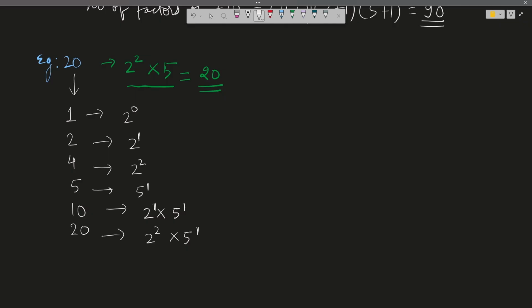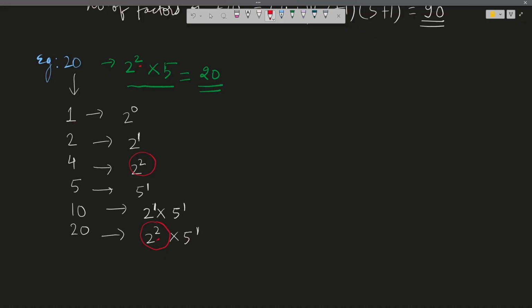Now if you observe clearly, the highest power of 2 comes out to be 2 in the case of 20, and in the prime factorization also, the highest power is 2. The factors are 1, 2, 4, 5, 10, 20.